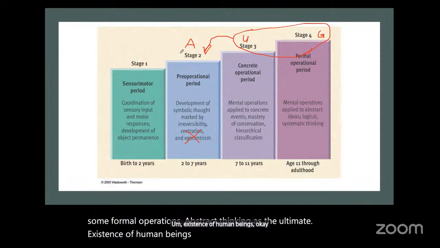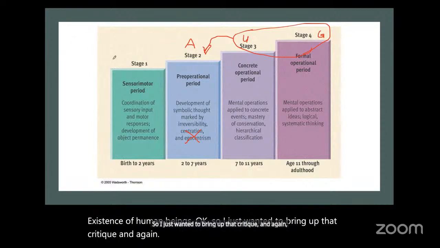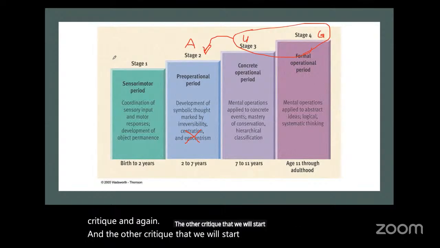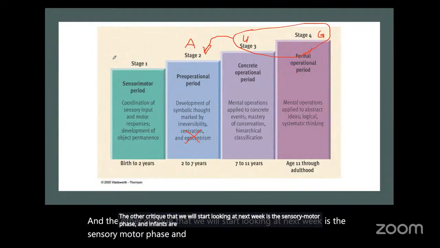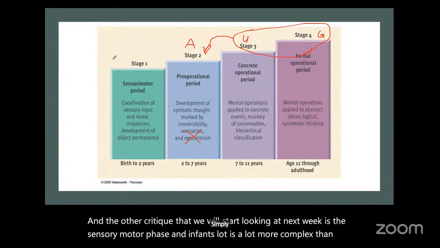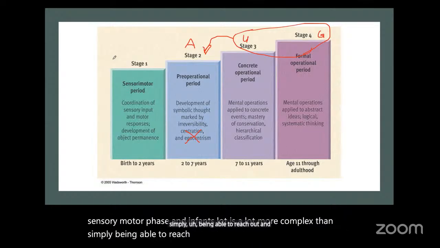So I just wanted to bring up that critique. And again, the other critique that we will start looking at next week is that the sensory motor phase in infants is a lot more complex than simply being able to reach out and grab something. So we will get to that as well.